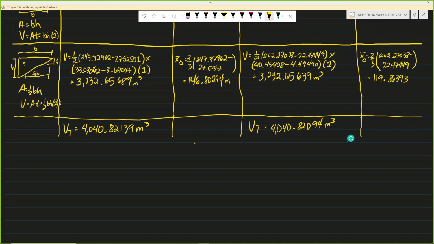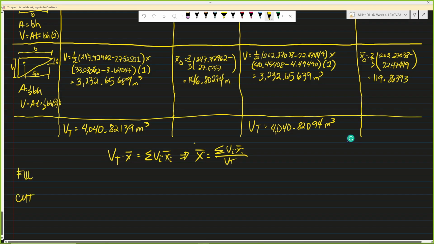So dito, we are stating that the total volume multiplied by the actual centroid of the polygon is equal to the summation of the volume components multiplied by the centroid of the components. Okay? So, isolate natin si x bar. So, x bar is basically the summation of the volume of the components multiplied by its centroid divided by the total volume. Okay, let's start first with the fill, then mamaya sa cut.